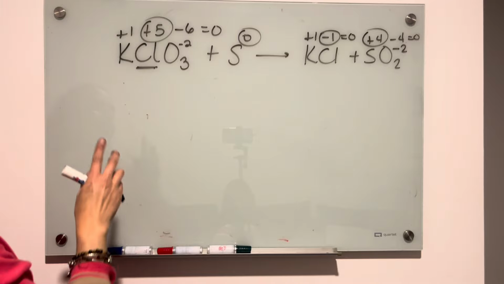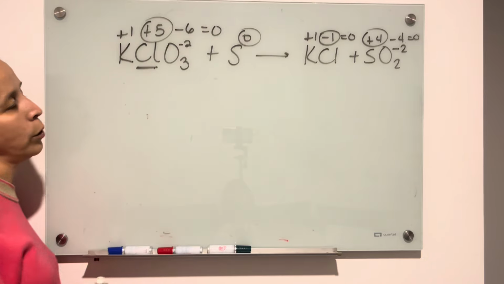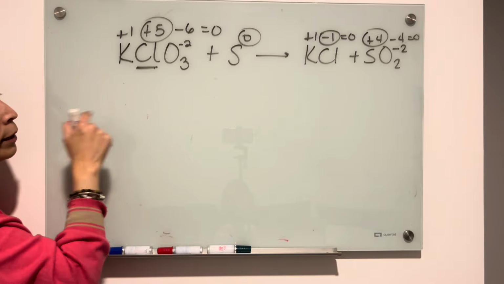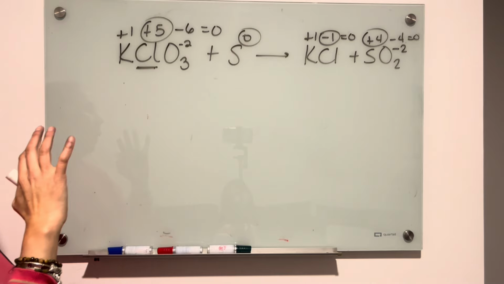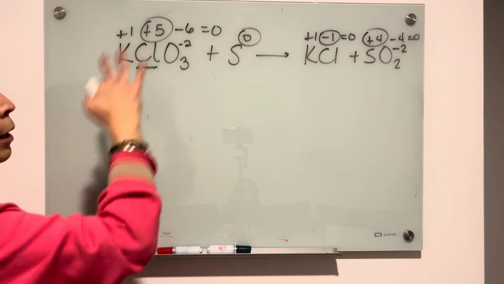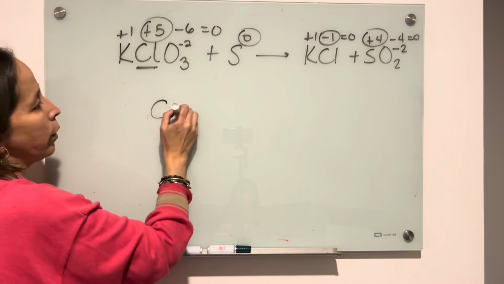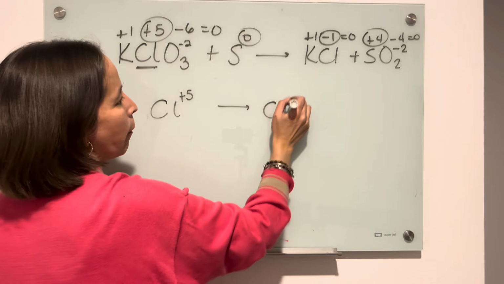And now we are going to identify the elements that change the oxidation number from this side to this side of the equation. And we are going to write them in half reactions that show how the oxidation number changes from one side to another. So we have chlorine +5, and here we have chlorine -1.